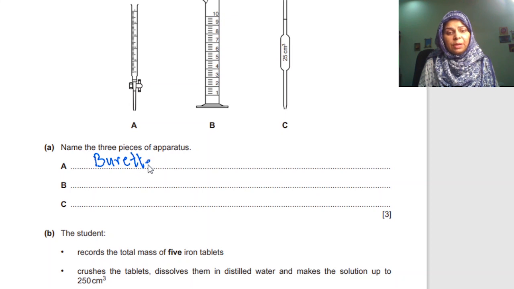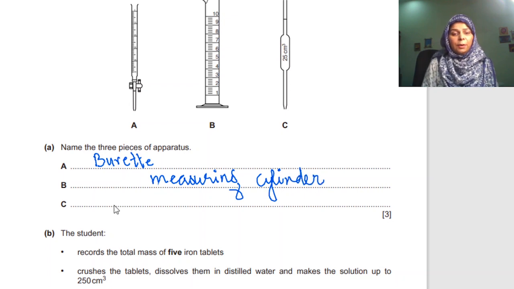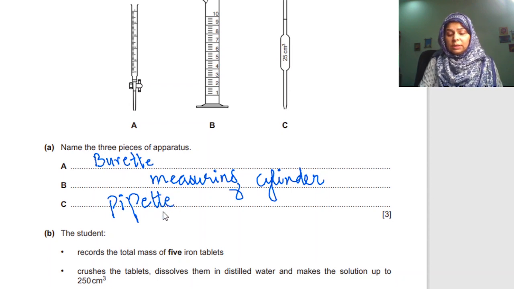B is our measuring cylinder. And C is our pipette. So these are the apparatuses which are being used.